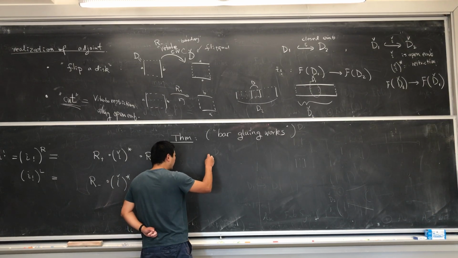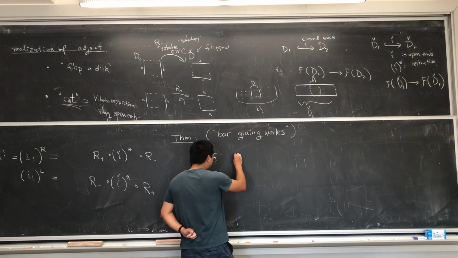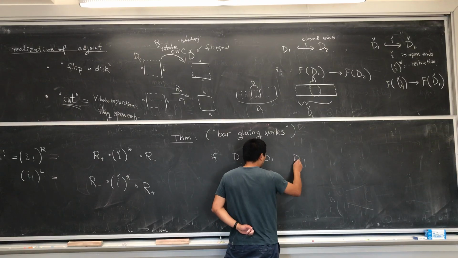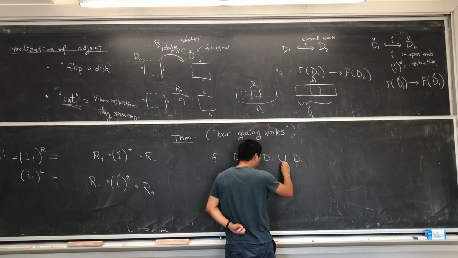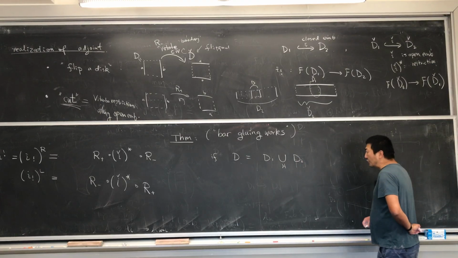So if D is a union of D1 and D2, then we can overlap over a hypersurface.